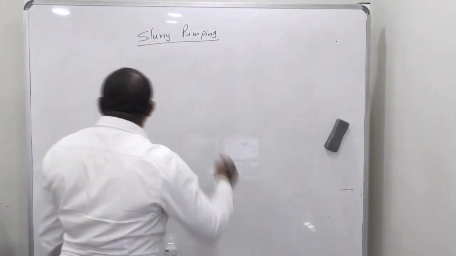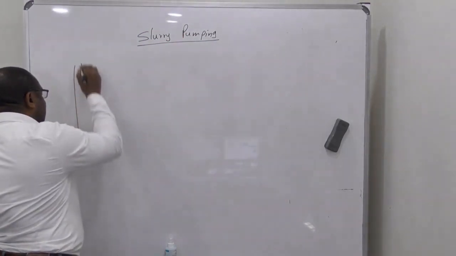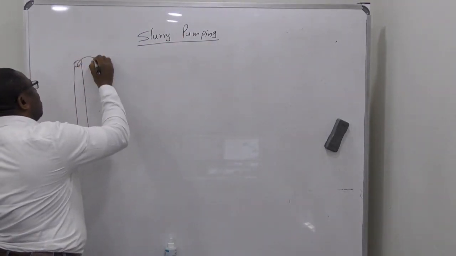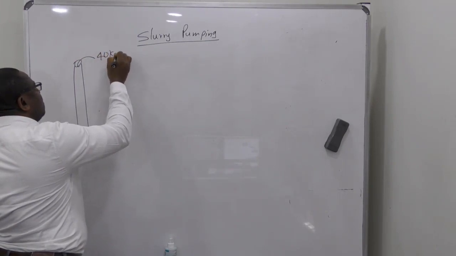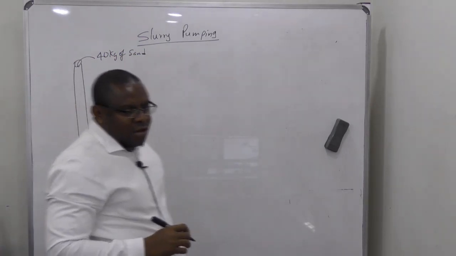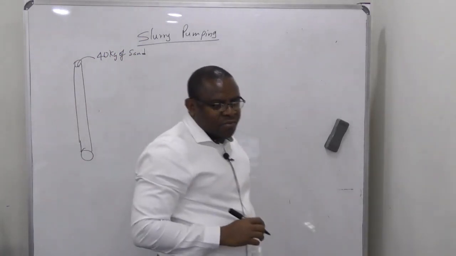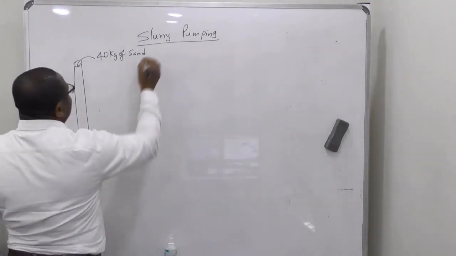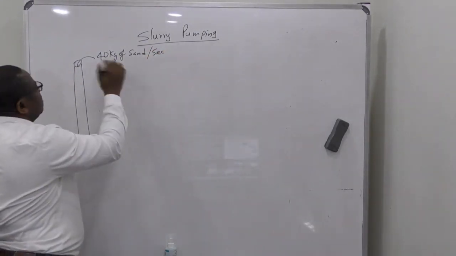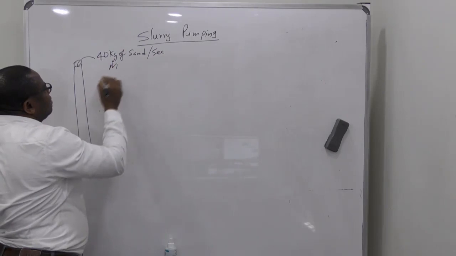Now, you want to pump 40 kilograms of sand per second. What comes out here is 40 kilograms of sand per second. Remember, this is a mass of sand.